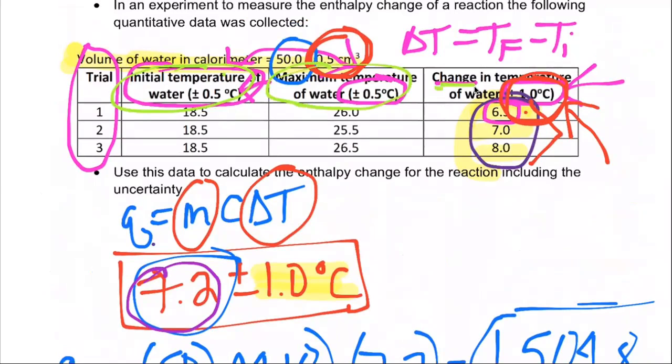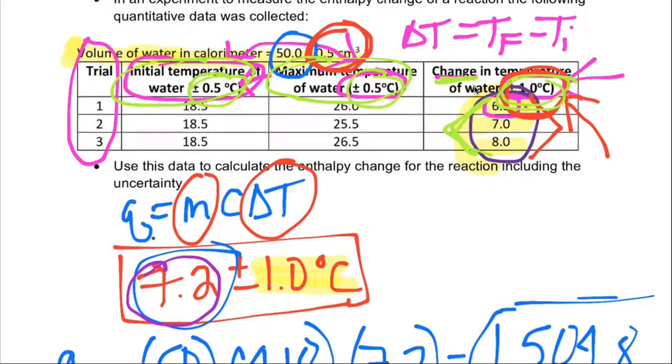And so I just added 0.5 plus 0.5. That's where this 1.0 for the change came in, because I added the two 0.5s straight together. I didn't have to convert them to percentages, because I only had to subtract to get these numbers. So adding and subtracting is a lot easier because I can just add together the absolute uncertainties.